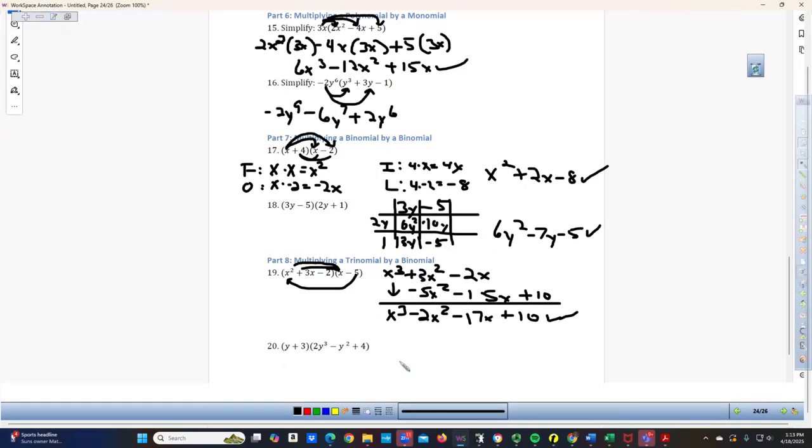And again, if you wanted to do a box, you would say 2y cubed minus y squared plus 4. And then we have y positive 3.